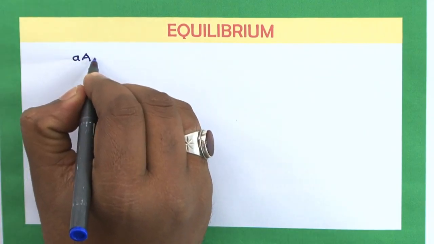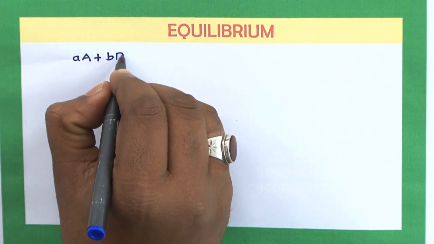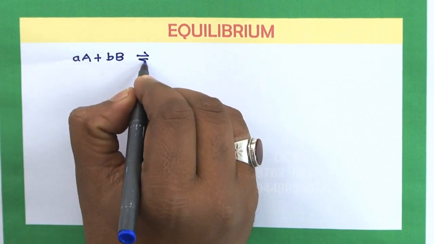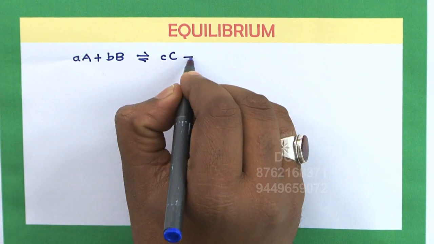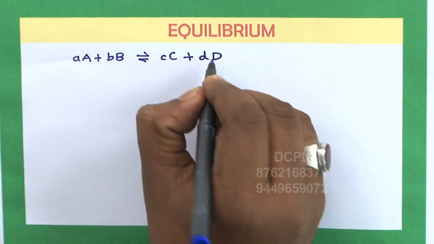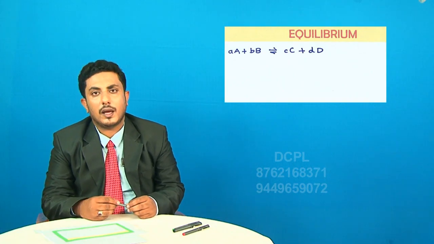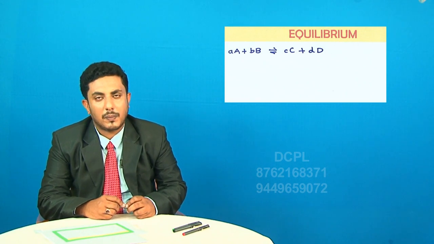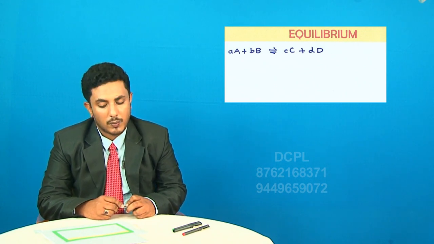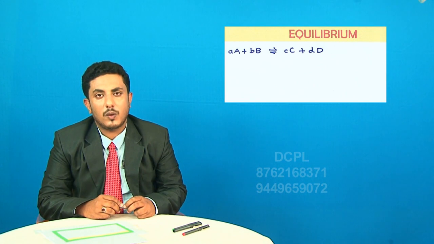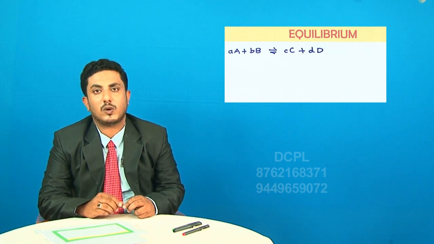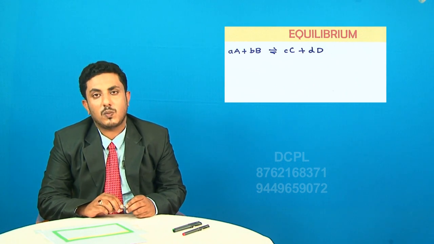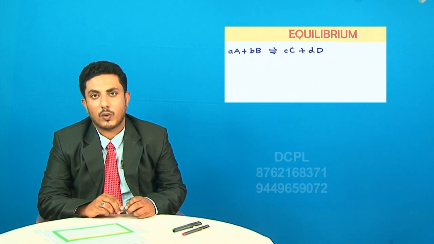Consider a reaction aA + bB in equilibrium with cC + dD, where capital A, capital B, capital C and capital D are the reactants and products, whereas small a, small b are the coefficients with respect to the reactants, and small c and small d are the coefficients with respect to the products.